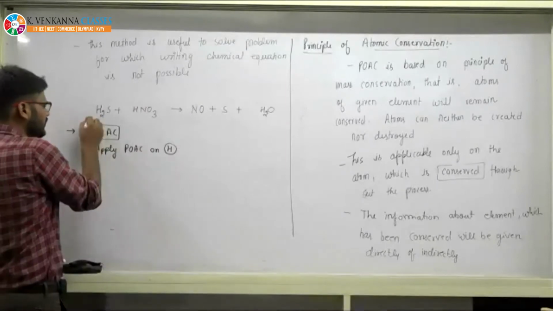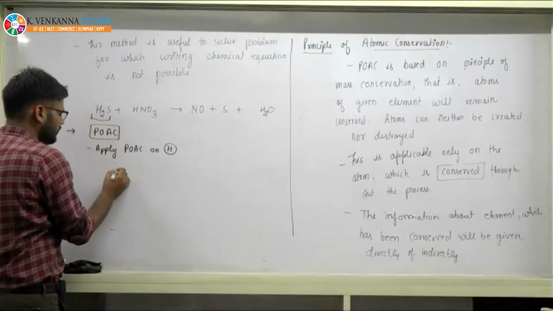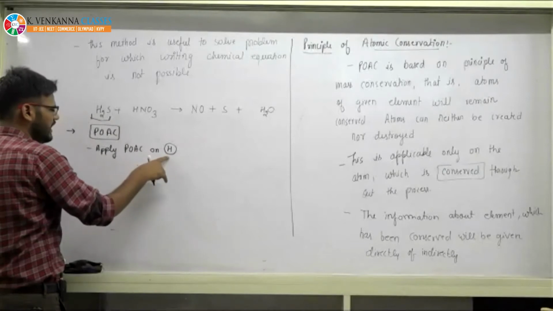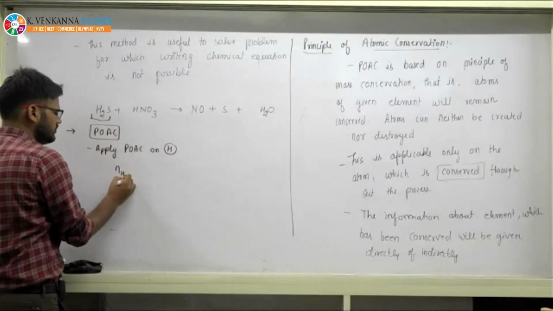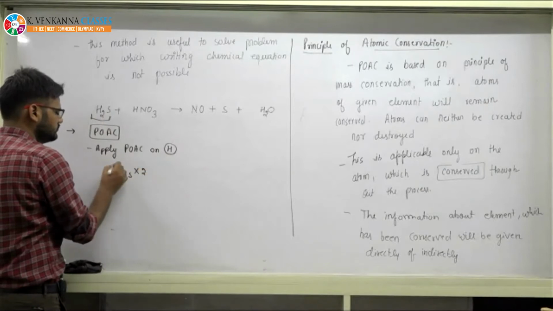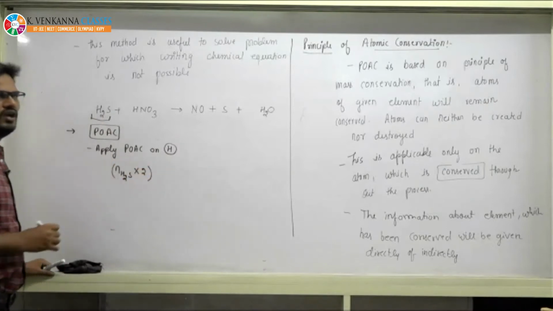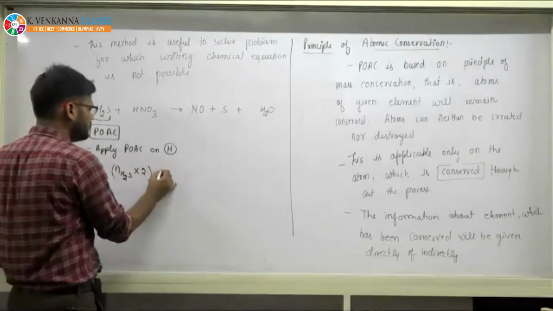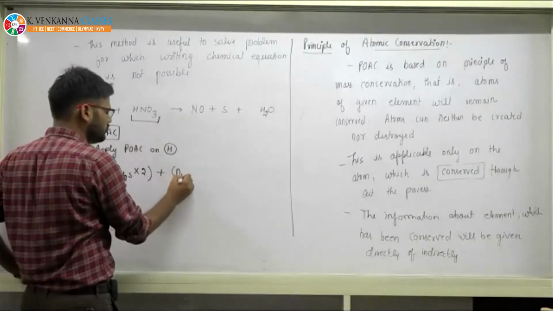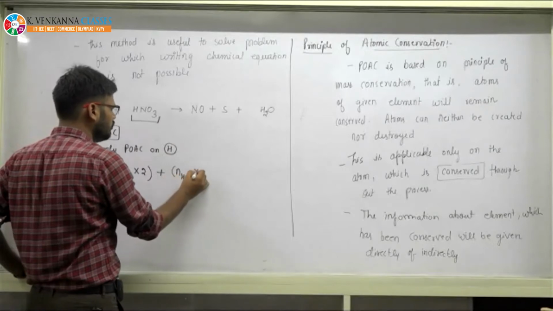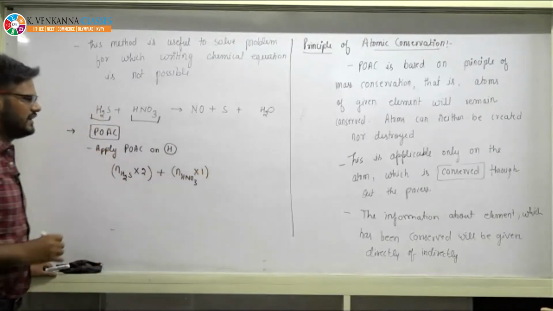For example, on the reactant side, the atoms of hydrogen can be calculated by moles of H2S into 2. This is how you can calculate the moles of hydrogen. Plus, hydrogen is also coming from HNO3, so moles of HNO3 into 1.